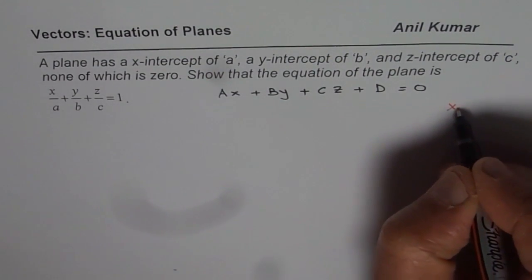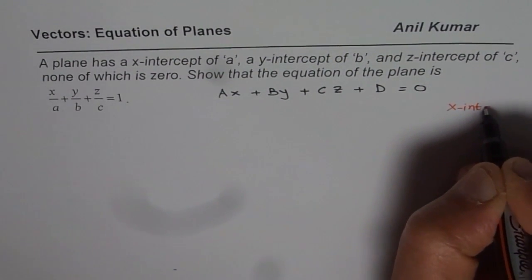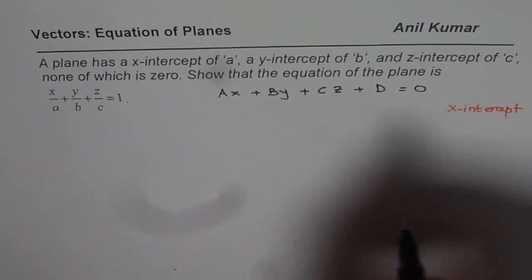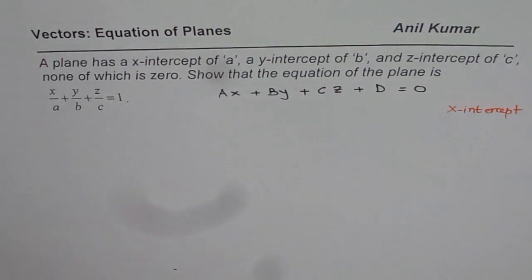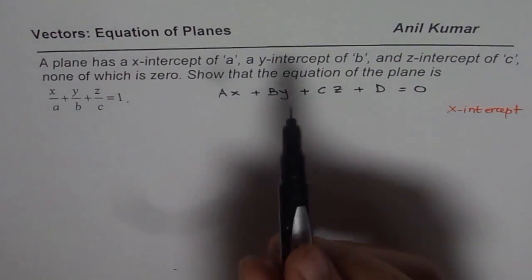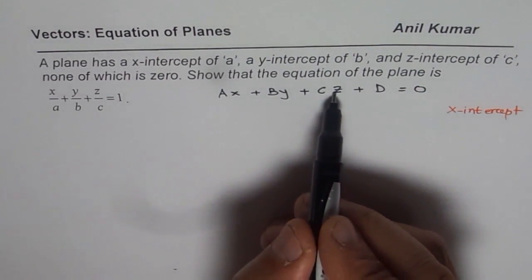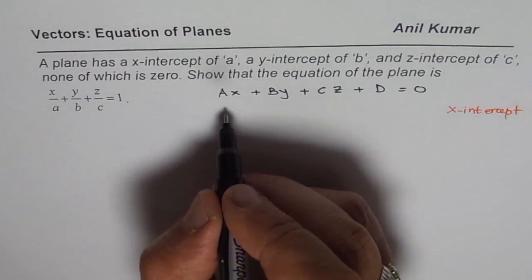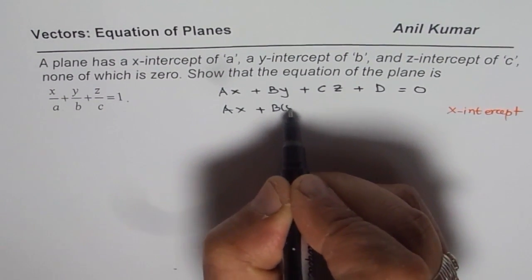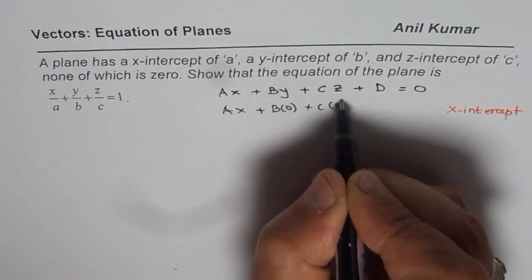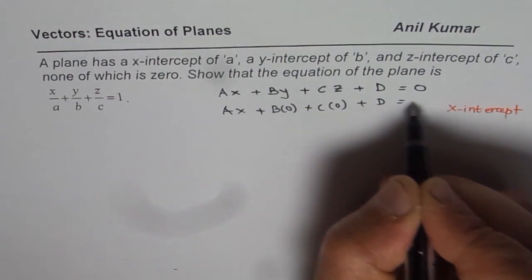Now to find the x-intercept, what are we going to do? We are actually going to place 0 for y and z, and then we can find the x-intercept. So if y and z are 0, in that case the equation will be ax plus b times 0 plus c times 0 plus d equals 0.